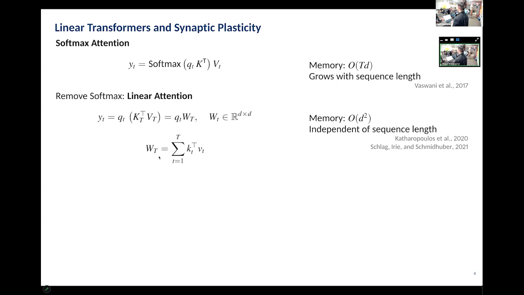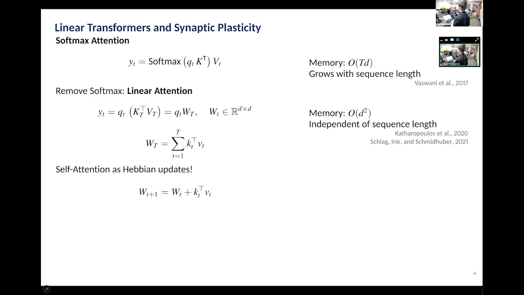In particular, in the linear attention case, that weight matrix takes the shape of these outer products of each K and V token. Right? And the outer product of two vectors, you can see this as Hebbian learning. Okay. And this was nicely presented a couple of years ago in one of Schmidhuber's papers, saying that, well, actually linear attention is doing a Hebbian update.